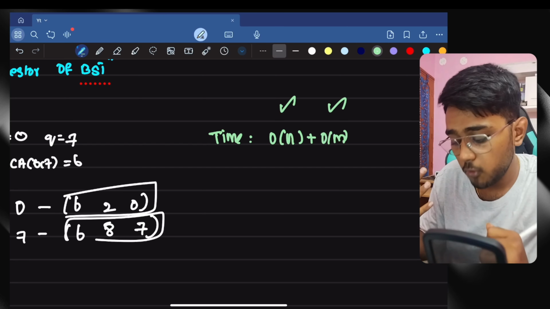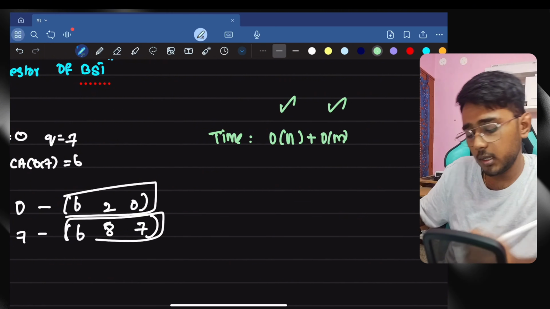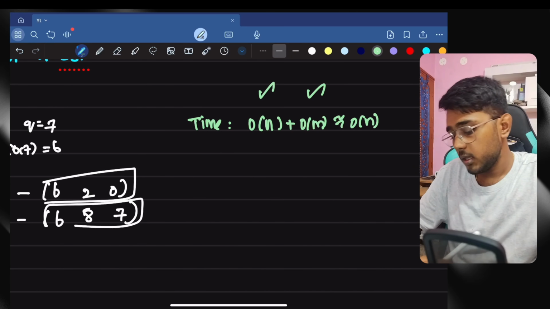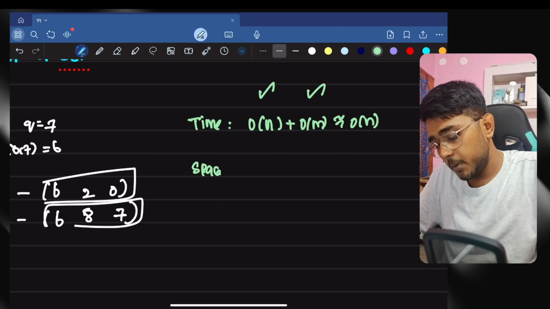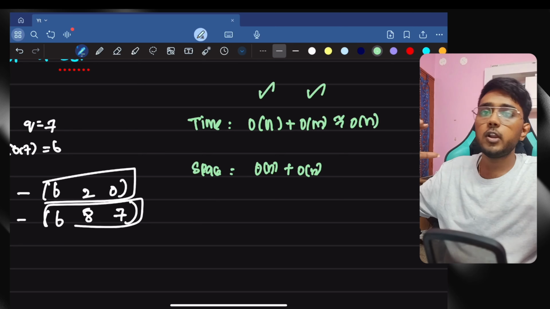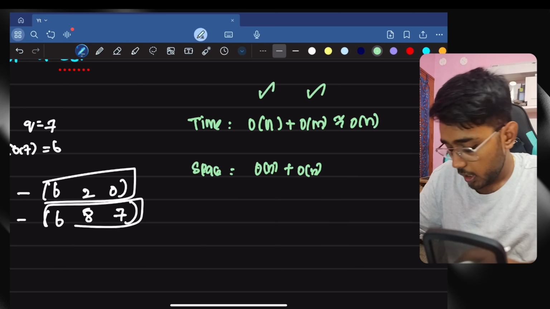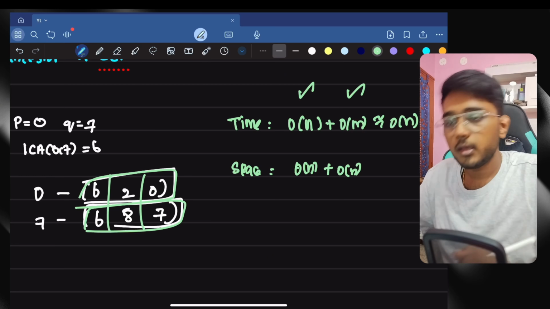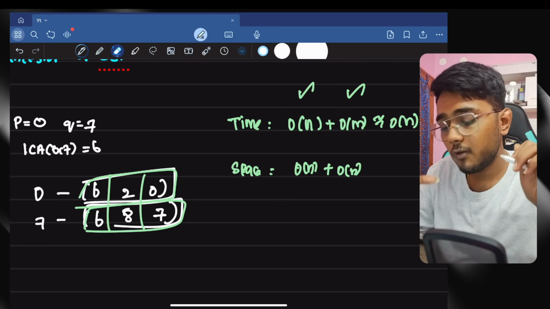So this takes O of n plus m, and obviously you can write it as O of n in the worst case. And what is the space? The space is going to be big O of n plus m again, because you are storing all the paths in a list. You should store them in some data structure, right? So it's going to be a list. That's it. This is the time and space complexity.